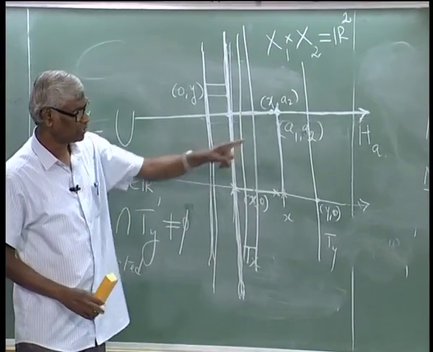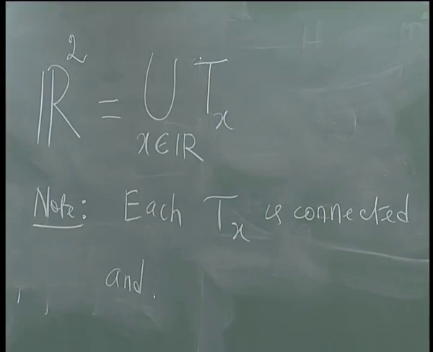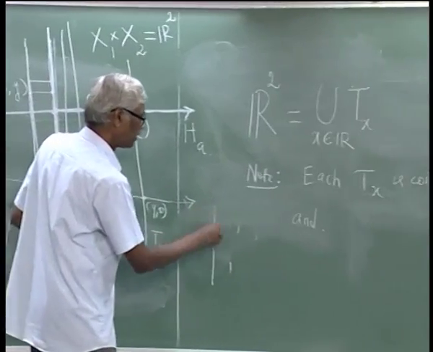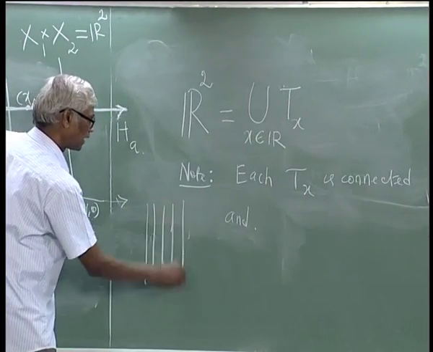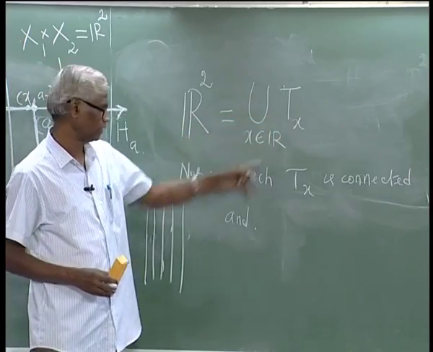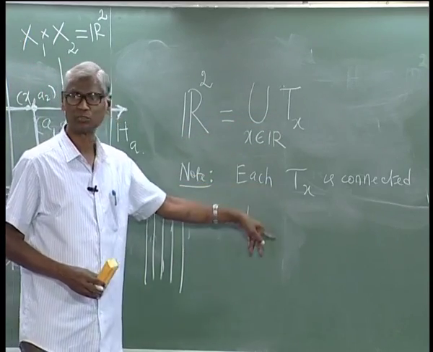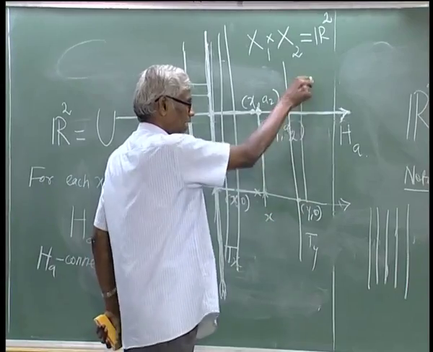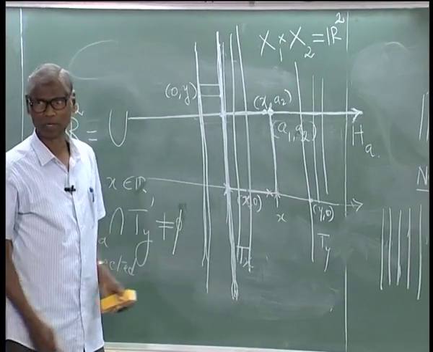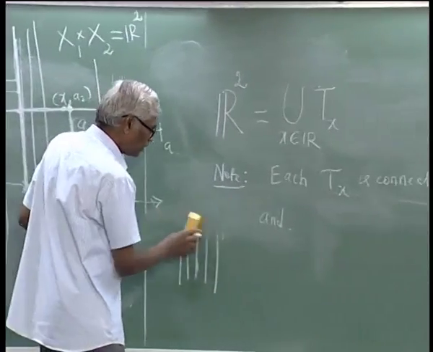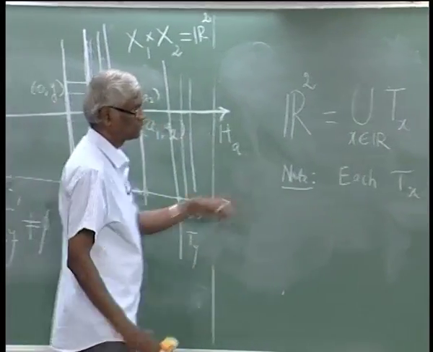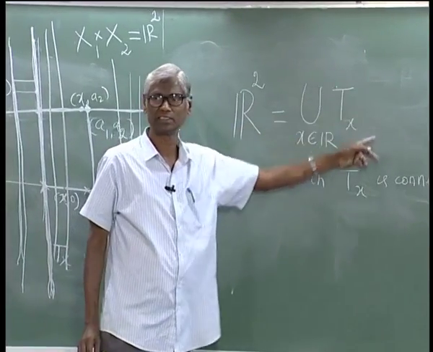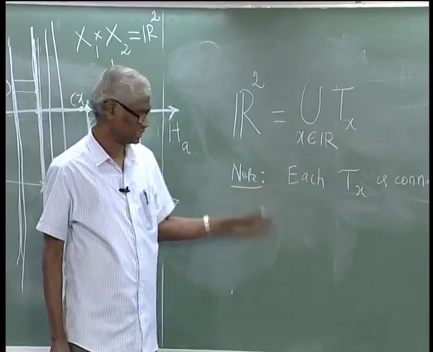Here, if you say only these parallel vertical lines, you will get R2 equal to the union, but what about the intersection? It should be non-empty. But if we take the intersection between even two parallel lines, we will not have a common point. So we will not be in a position to use this: each is connected, the union equals R2, but the intersection is non-empty, we do not have at this stage.